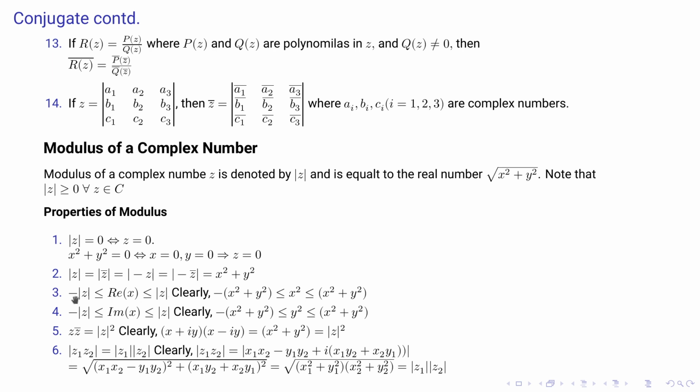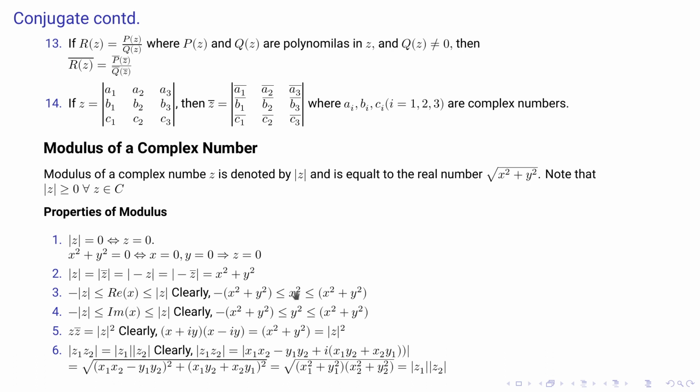Property 3 says that minus modulus of z is less than or equal to real part of z, which is less than or equal to modulus z. You can see that minus of square root of x square plus y square is less than or equal to x, which is less than or equal to square root of x square plus y square.